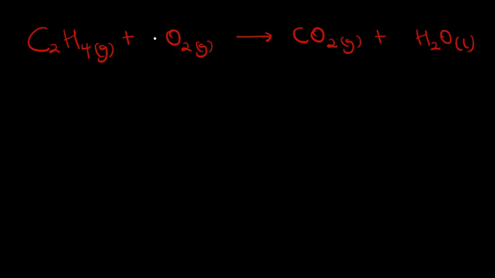So the trick is to balance the element or substance that has only one element last, and in this case we shall need to balance our oxygen last, because after balancing the carbon and the hydrogen, we can easily come and put here any number and then the oxygen will be balanced. We can even put a fraction for the meantime so that we can balance it. So the trick, balance compounds that contain multiple elements first, and then balance that substance that has only one element.